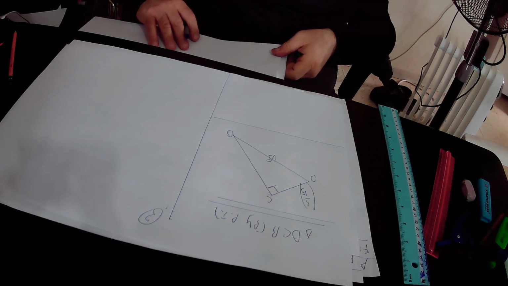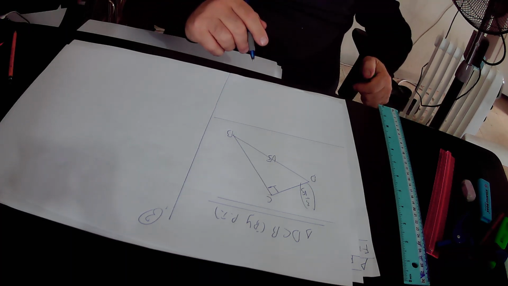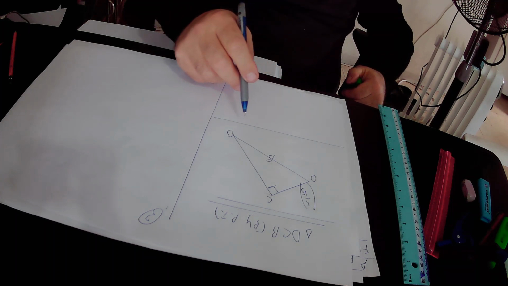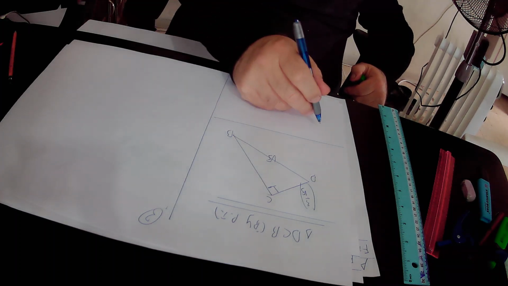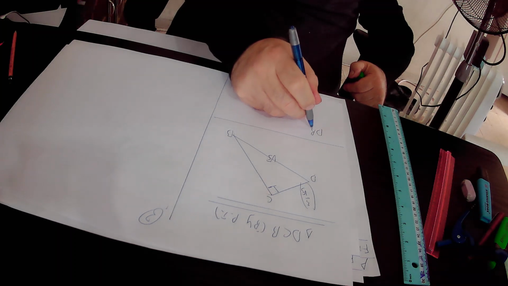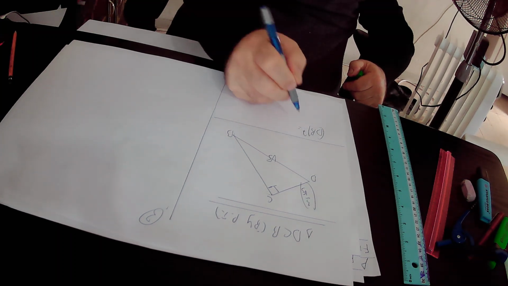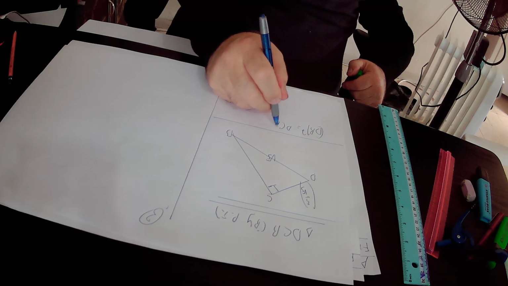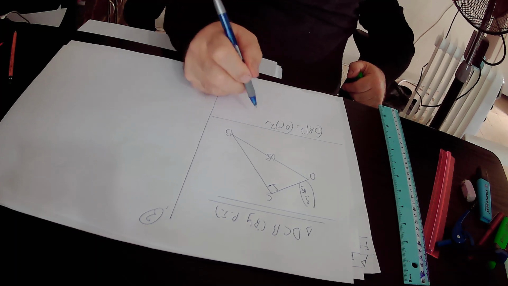According to the Pythagoras theorem, in this right triangle DCB, the square of the hypotenuse is DB, the square of the hypotenuse is DB square, and it must be equal to DC square plus CB square.